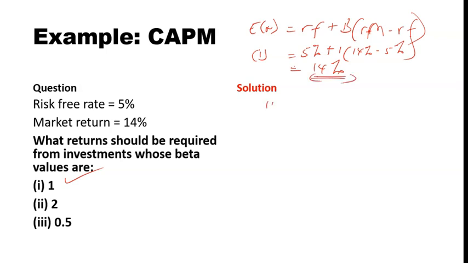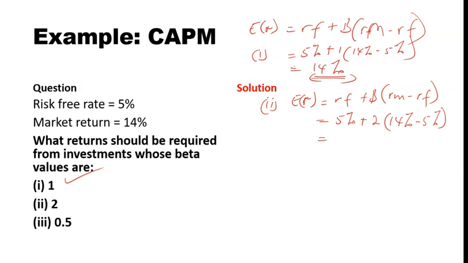Then for item 2, ER is equal to RF plus beta times RM minus RF. Therefore, ER is equal to RF, 5%, plus 2 times 14% minus 5%.